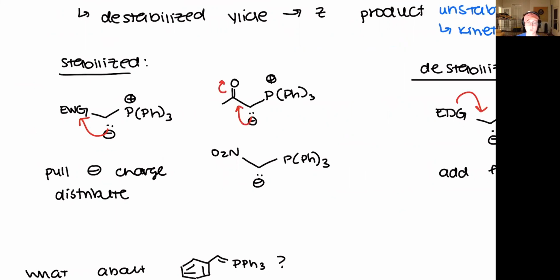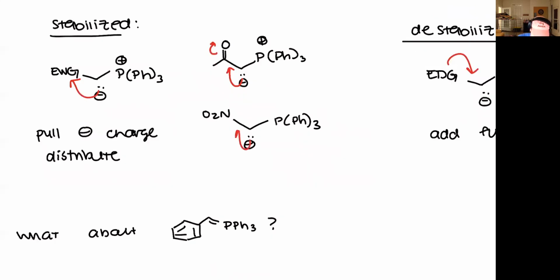I'm not going to draw out the resonance structure because I don't have space, but we can draw resonance, and so the negative charge is delocalized. It doesn't stay on that one carbon. We can also have a nitro group, and again, I'm not going to draw out the resonance, but we can show that it's pulling the negative charge away.